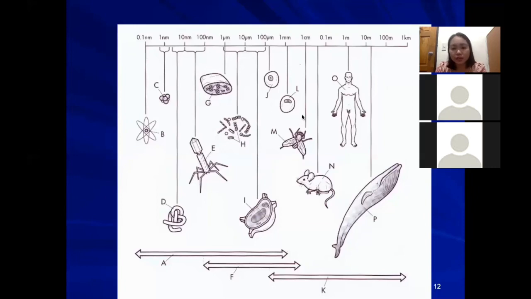And we can see that the fly is about 1 centimeter, followed by the rats and humans, and the biggest are the mammals, what do you call, whales. And are you aware that these whales are even smarter than human beings because of the brain size? Did you know that?